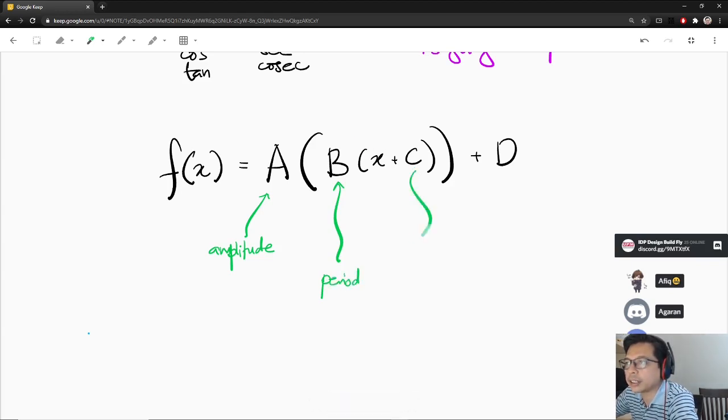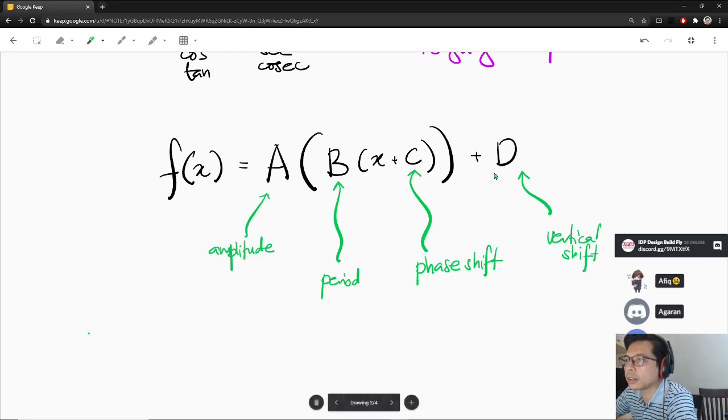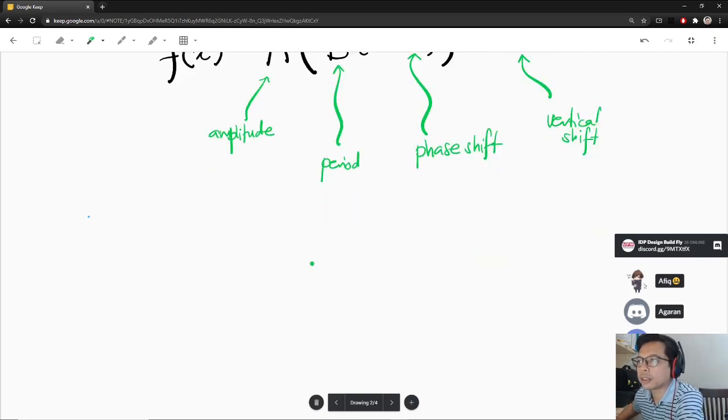This value right here, c, is called the phase shift, and d will introduce a vertical shift. It will move your graph further up.